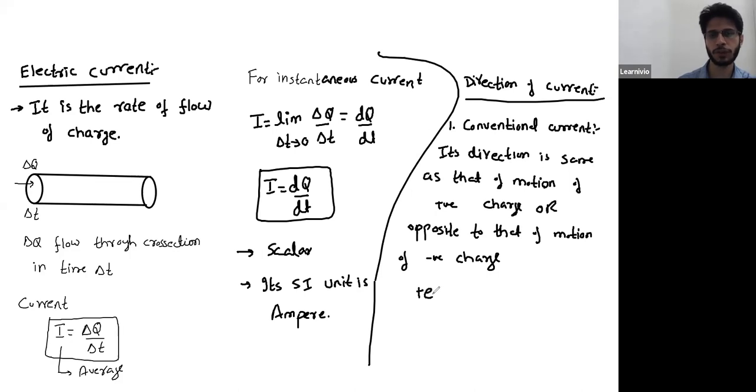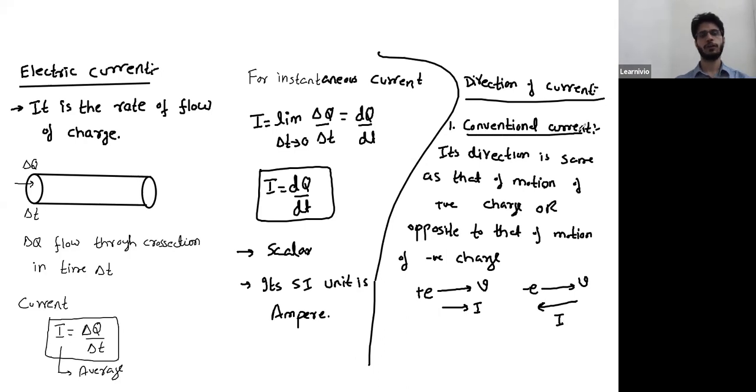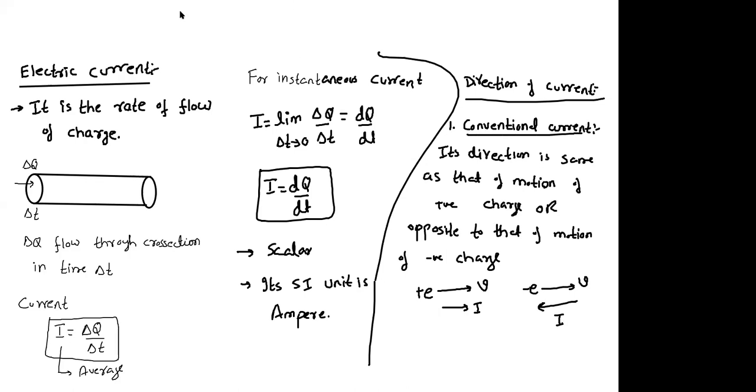Means if you have a positive charge moving in this direction with a velocity v, then this is the direction of current. But if a negative charge is moving in this direction with a velocity v, then the direction of current would be opposite. So this is about the conventional current. Okay, note it down and tell me if you have any doubt.